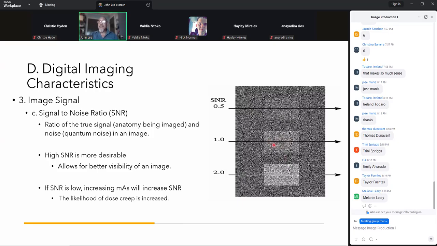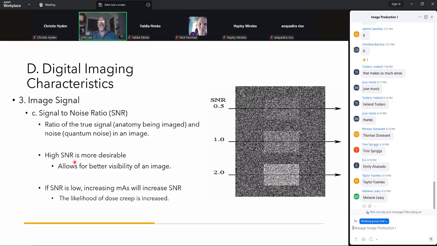Now we can start to see a little bit. But as you notice, we go from 0.5 to 1, then we go from 1 to 2. Now we can start to see more information. Okay. So the signal to noise ratio that we have needs to be to a point where we make out a lot of anatomy as opposed to seeing a lot of noise in our images.